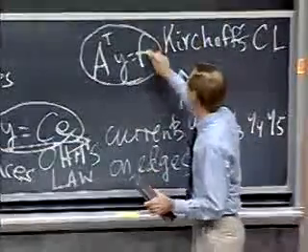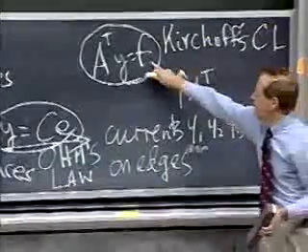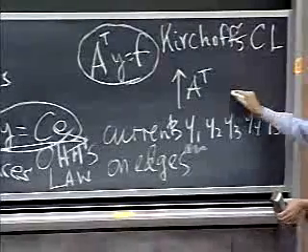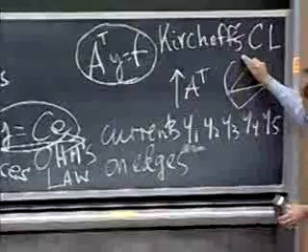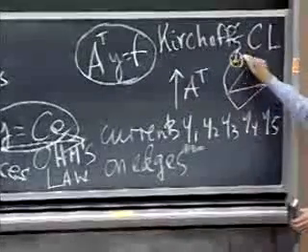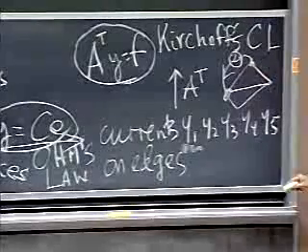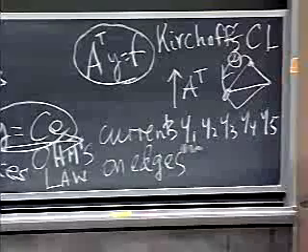So there's where current sources go, because the F is like a current coming from outside. So we have our edges, we have our graph, and then I send 1 amp into this node and out of this node, and that gives me a right-hand side in Kirchhoff's current law.